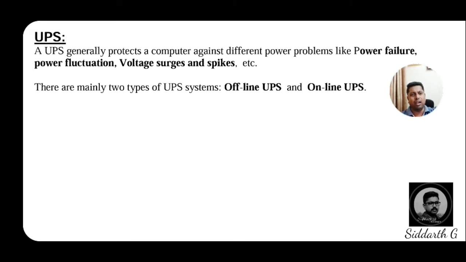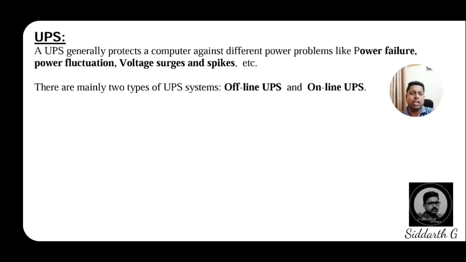Sometimes the voltage will be high, sometimes low, and in the rainy season, when thunderstorms occur, the voltage automatically becomes high. To avoid all these, we need one particular device. That is what the UPS does. There are mainly two types of UPS: one is offline UPS, the second one is online UPS.